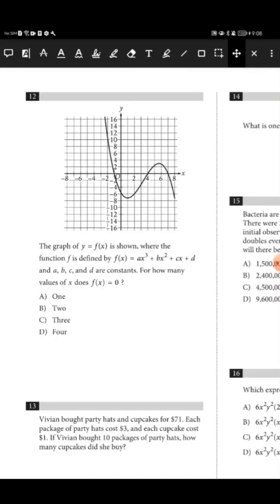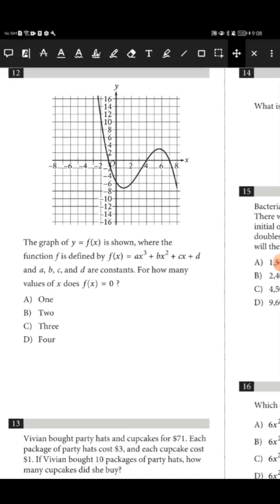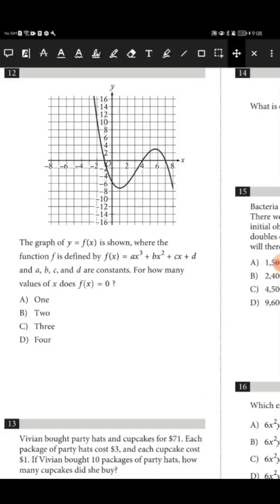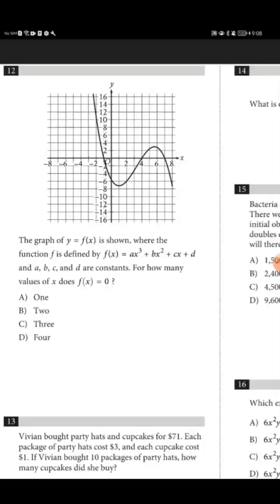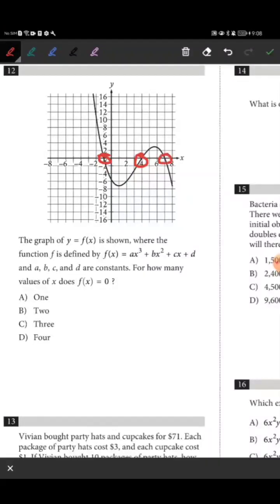So for how many values of x does the graph fall on 0 for the y-axis? So as you can see here, the points where the y is 0 and the x is a number are negative 2, 4, and 7. So they are 3.